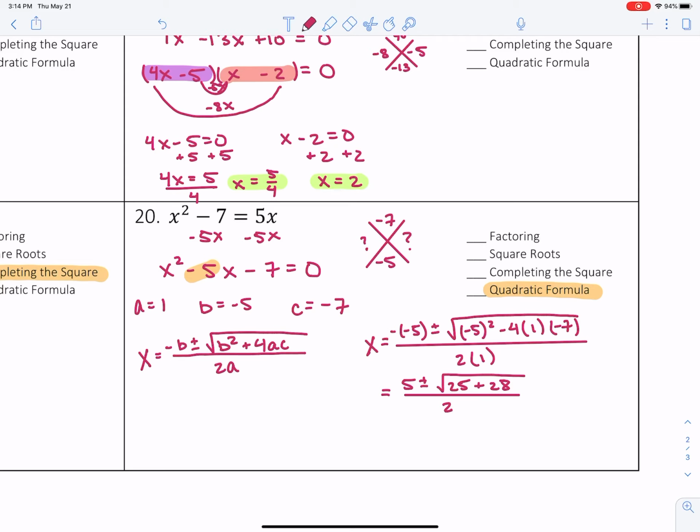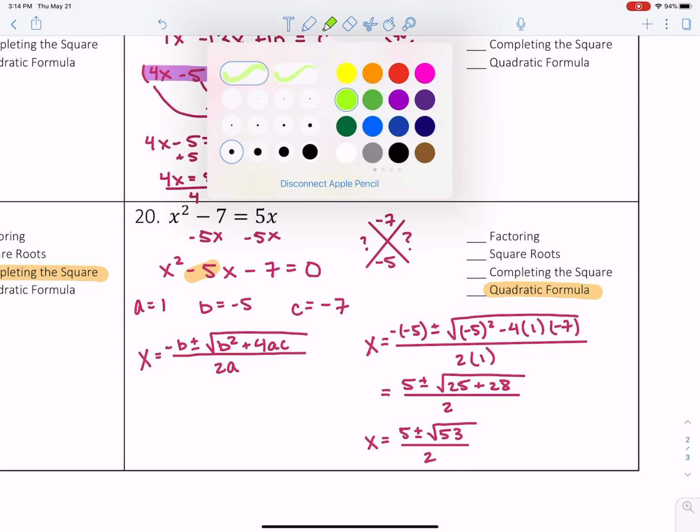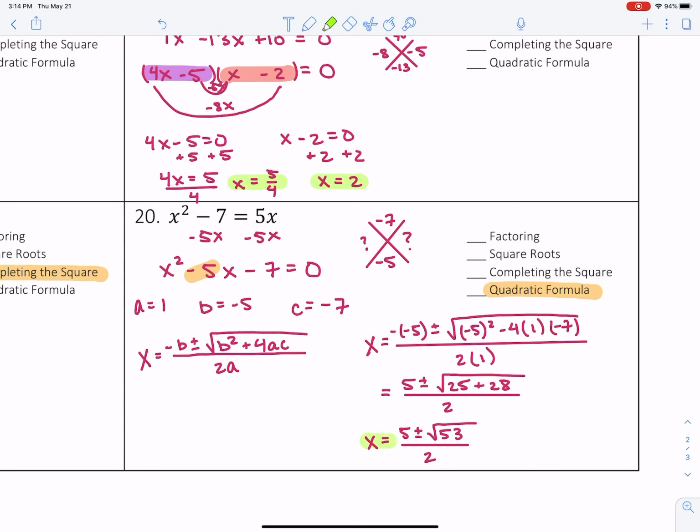We end up with x is equal to 5 plus or minus the square root of 53 all over 2. And that ends up being my final answer because 53 cannot be simplified.